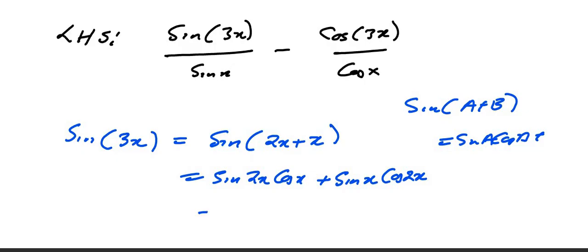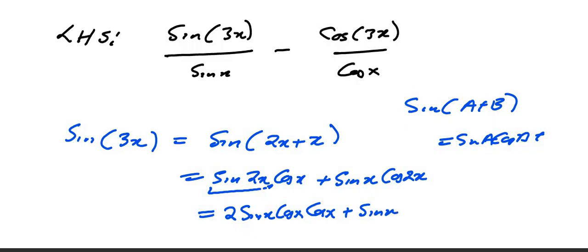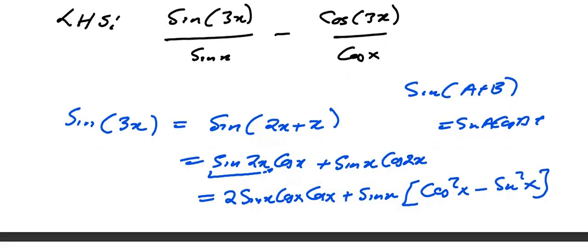Then we go a step further to break down this double angle. This is still a double angle. Remember, sine 2x is the same as 2 sine x cos x, multiplying this other cos there. Then plus sine x cos 2x. According to your double angles, this is just the same as cos squared x minus sine squared x.